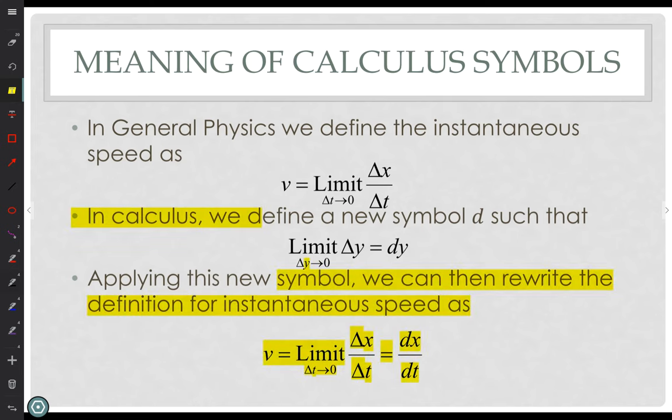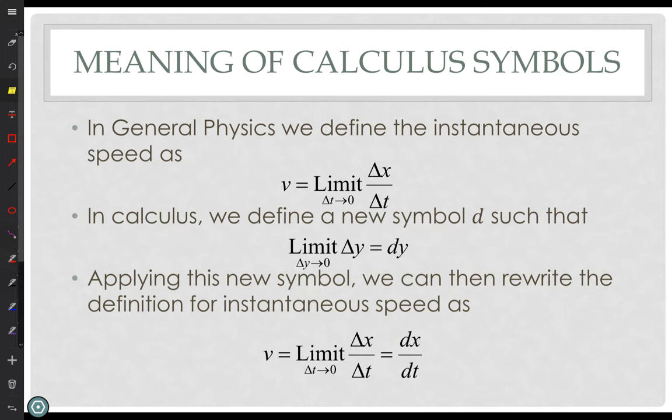Whoops, I'm on the wrong tool, clearly. This is going to disappear. How cool is that? Okay, it's not very cool because I want to keep it there. That's the definition of what dy is. It's the limit of delta y as delta y approaches 0. That's its definition.